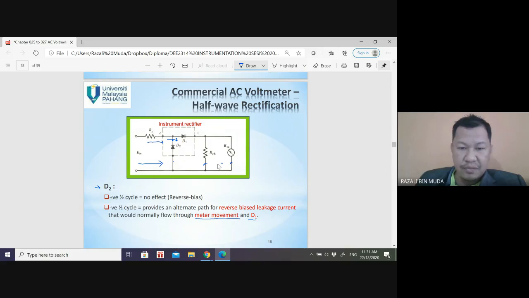Only leakage current goes through this, no current flows through the meter. That is half wave. So it only provides an alternate path for reverse bias leakage current. It will flow here, but it is not going through the meter movement for the negative cycle.